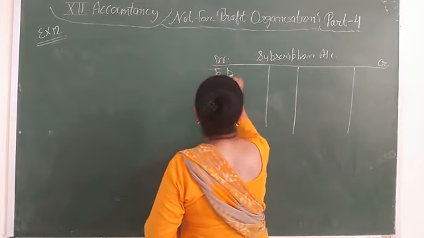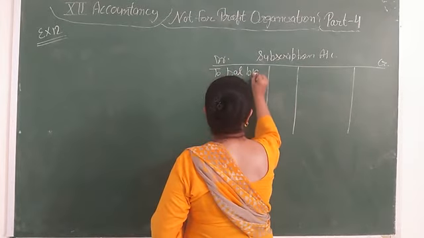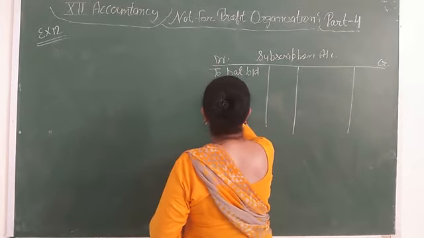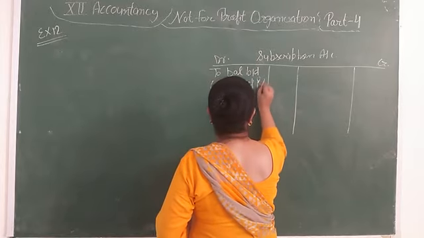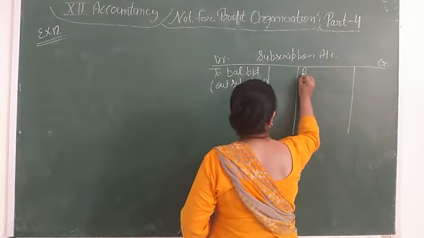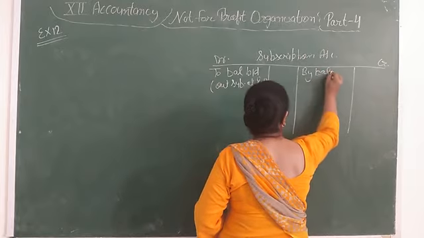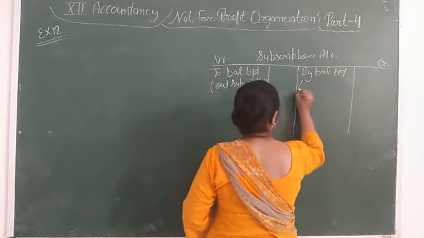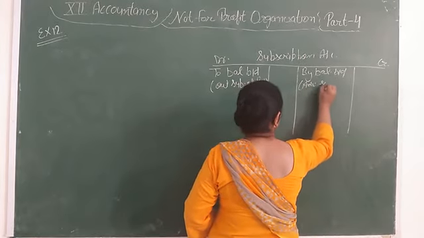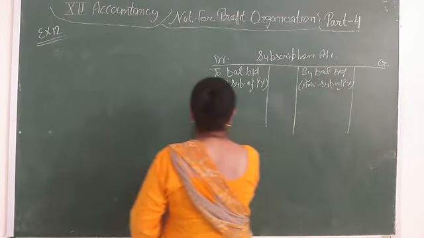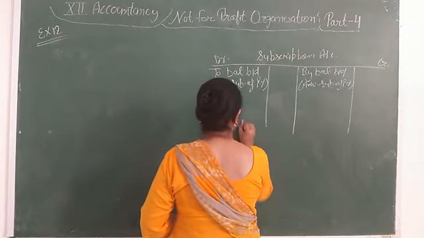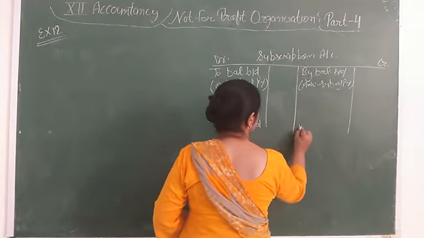Here we will write the balance brought down. This is the outstanding subscription of previous year. Here we will write the balance brought down, advance subscription of previous year. And here we will write the balance carried down.